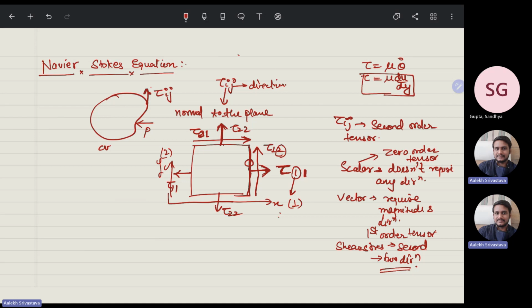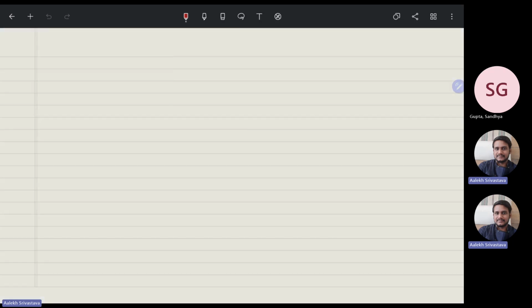So if we simply solve the Navier-Stokes equation, sorry, applying the RTT.